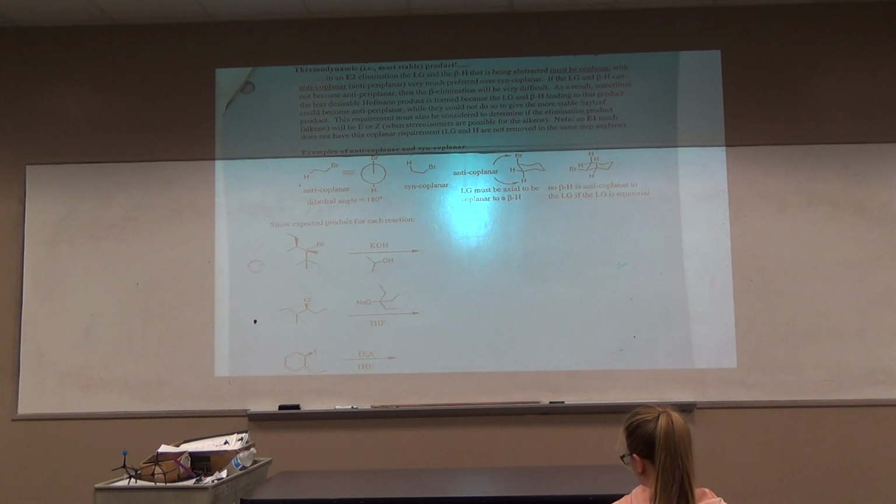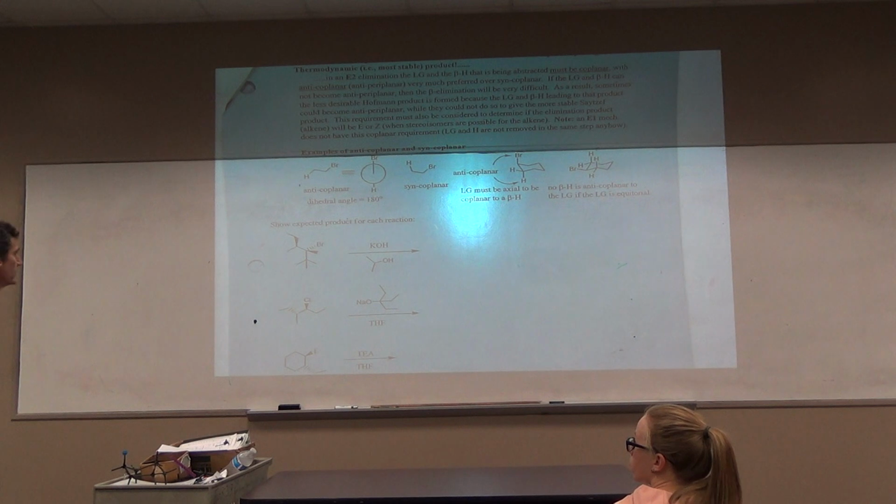Key requirement for E2 elimination is the leaving group and the beta hydrogen that's being removed must be coplanar, with anti-coplanar being highly preferred. Syn-coplanar could work. Typically, anti-coplanar is what we'll be looking for. Because if anti-coplanar is possible, that's the way it's going to eliminate.